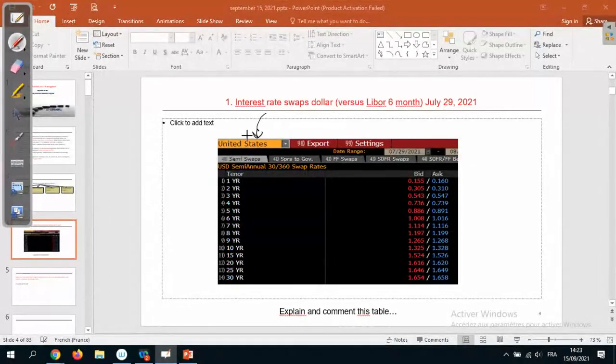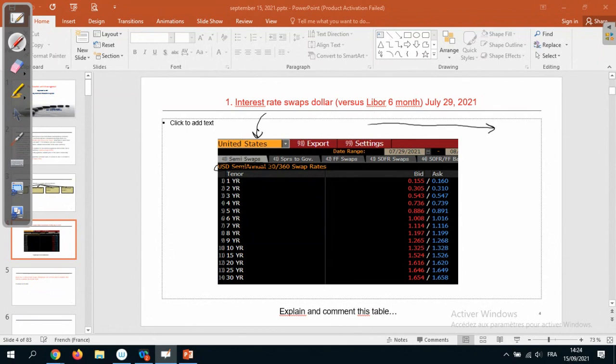Okay, so United States, because I will give you interest rate swaps on dollar. Here it's written semi-annual. That is, a swap is an exchange of flows.